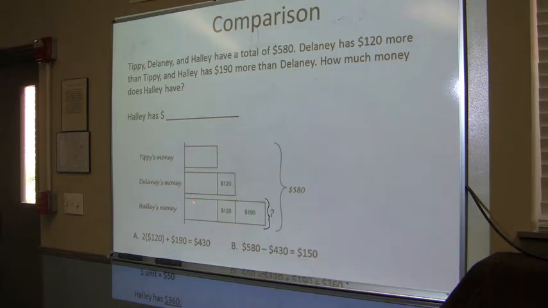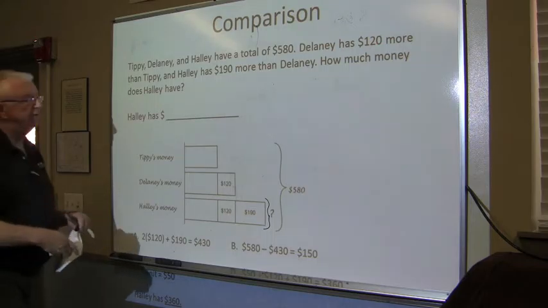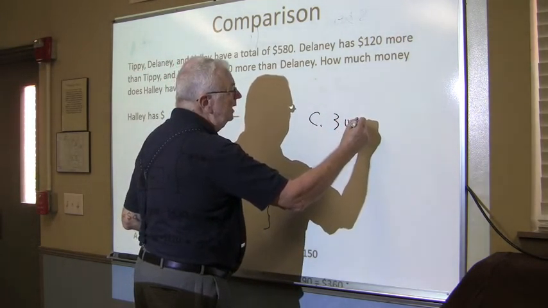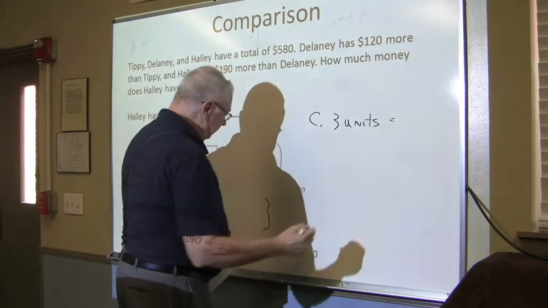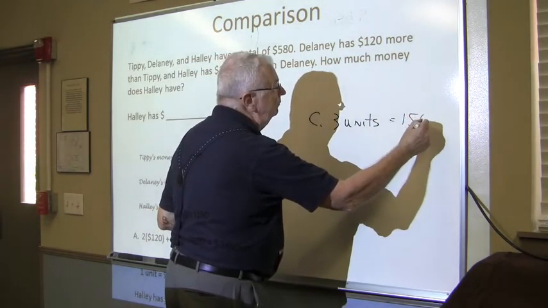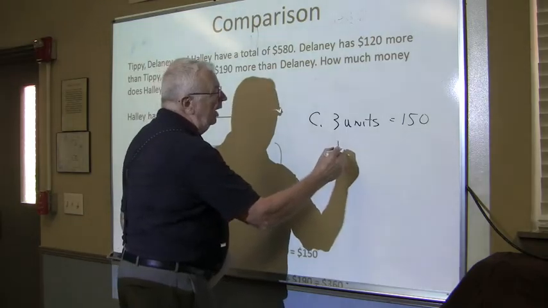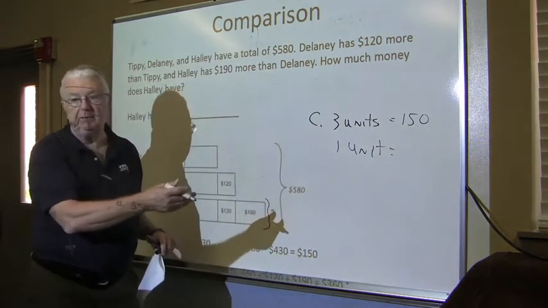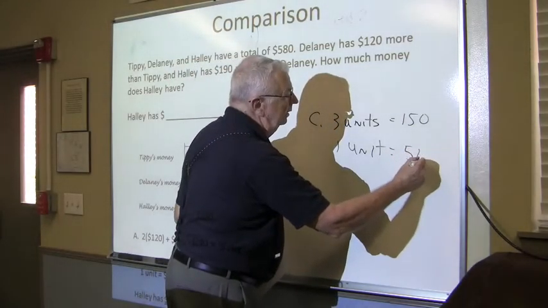So now I'm back to the 3 unit bars over here. They're all the same. So we have then, if we went to a C, 3 units equals 150. 1 unit equals 150 divided by 3, or $50.